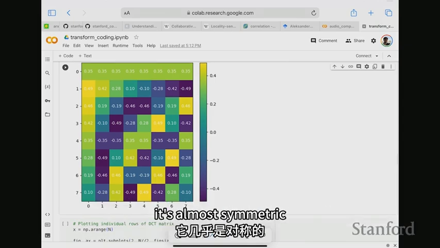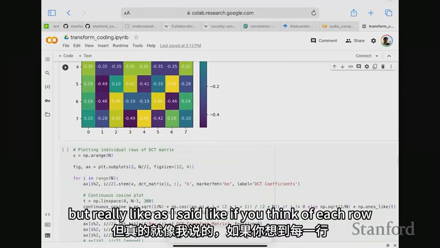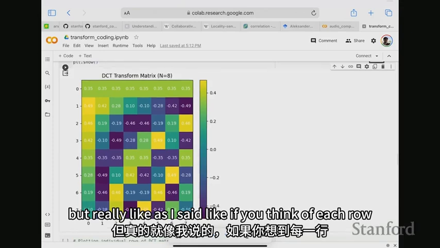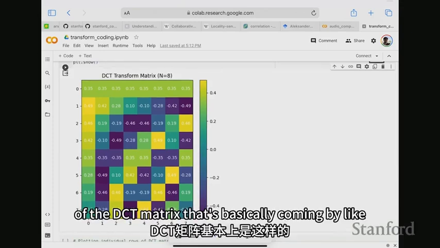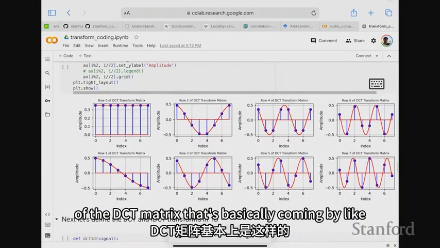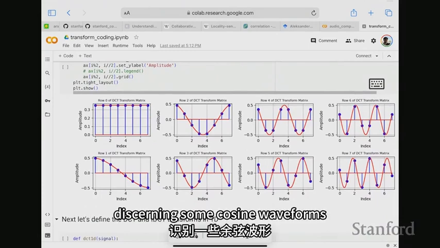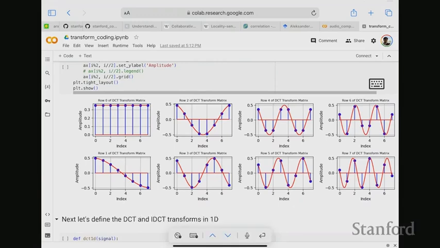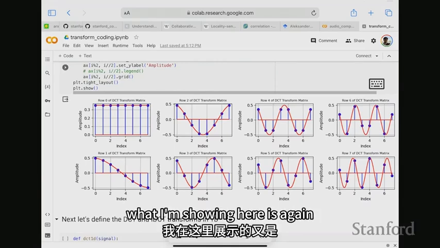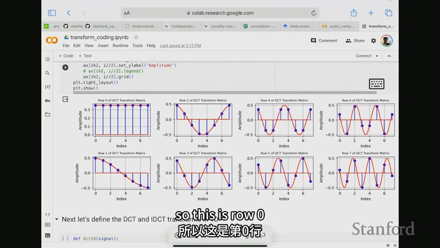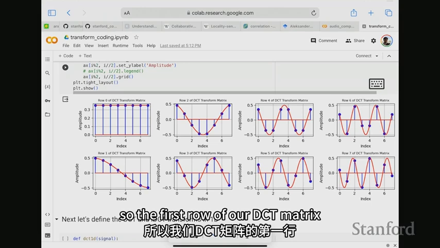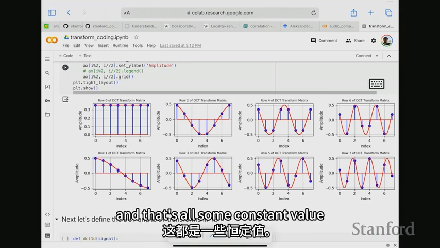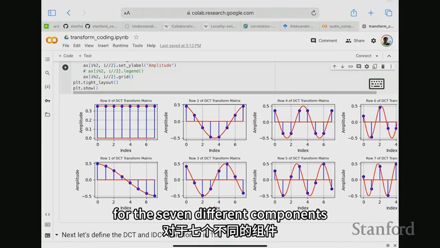It's almost symmetric. But as I said, if you think of each row of the DCT matrix, that's basically coming from discretizing some cosine waveforms. What I'm showing here is row 0, the first row of our DCT matrix, and that's a constant value for the 8 different components.